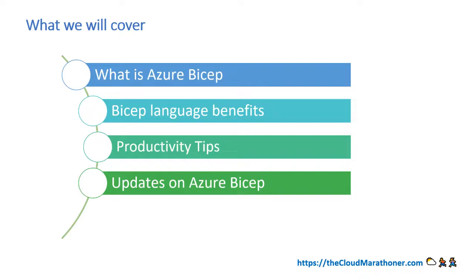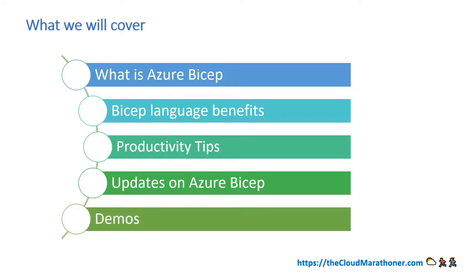So you can open a Microsoft support ticket if something doesn't work, and you will not be alone, meaning that you will get help from an official channel. And finally, we'll look into a number of demos to make sure that you see something actually working, deploying our Bicep language into Azure by showing us the Azure resources there.